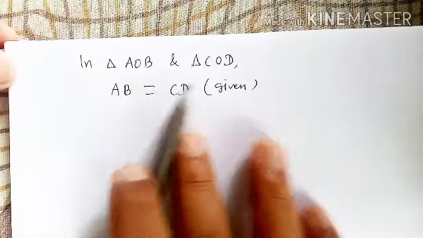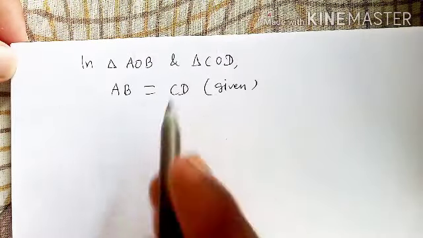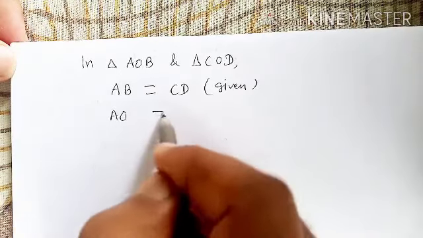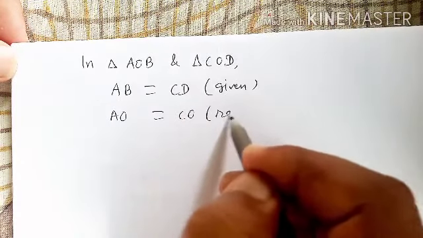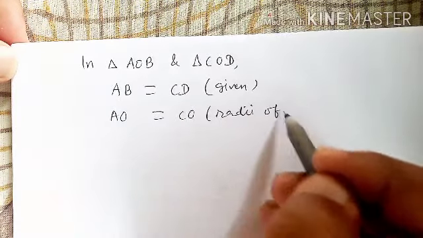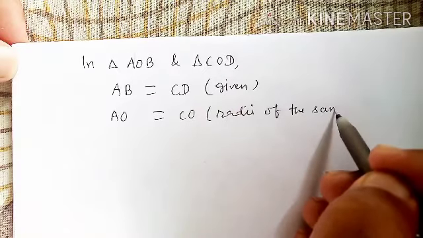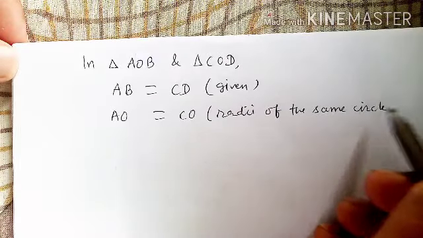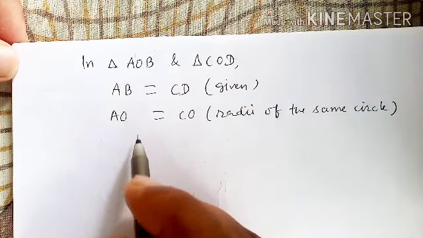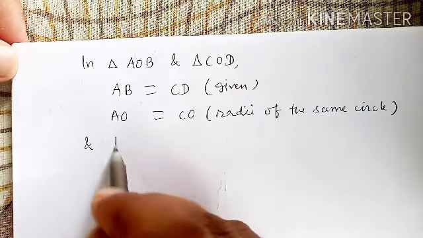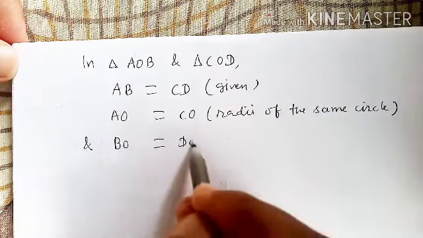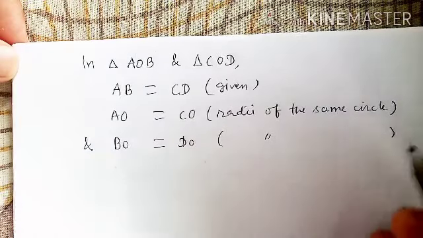In triangle AOB and triangle COD, AB is equal to CD, given. AO is equal to CO, radii of the same circle. And BO is equal to DO, radii of the same circle.